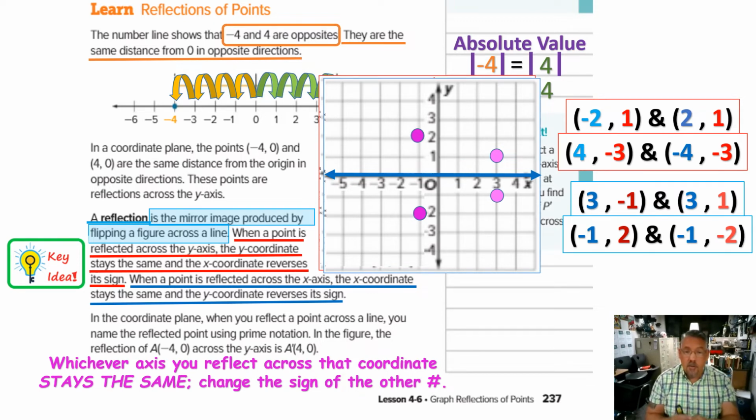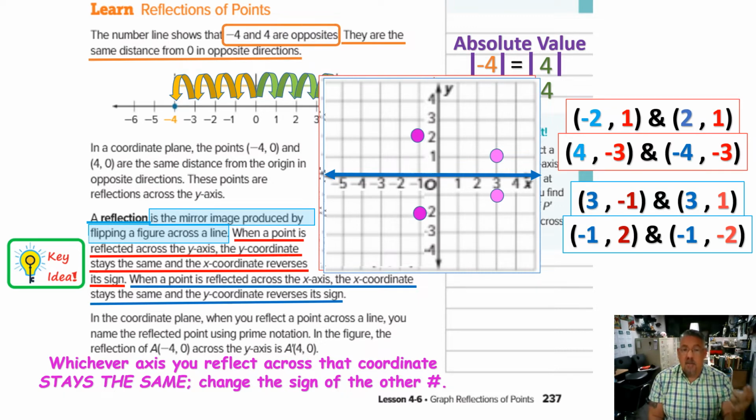All right, so I would like you to write this down in your book as a note, because this is a mathematical law when it comes to the idea of reflections. Whichever axis you reflect across, that coordinate stays the same. That's the first part of it. So in my ordered pairs, whichever axis I'm crossing, that number is going to stay the same.